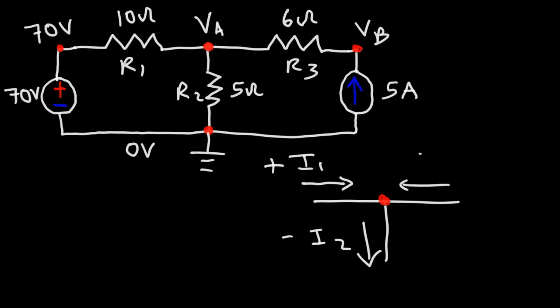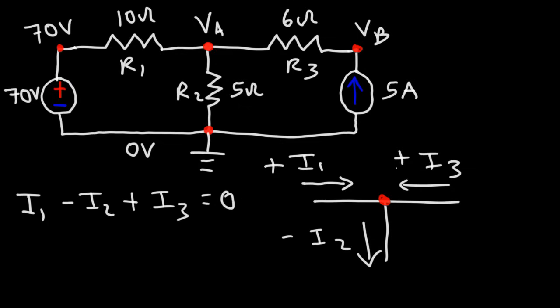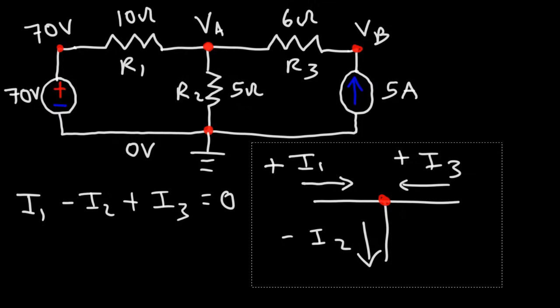I3 is going into the junction, so we're going to give it a positive value. According to Kirchhoff's current law, the sum of the currents must add up to 0. So the equation that we have is I1 minus I2, since it has a negative sign, plus I3, and this is going to add up to 0.